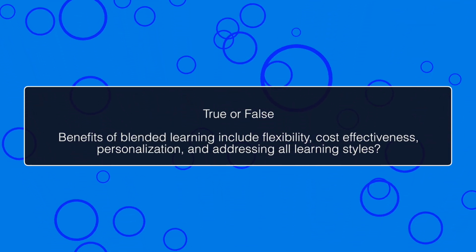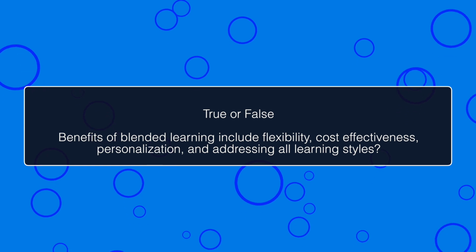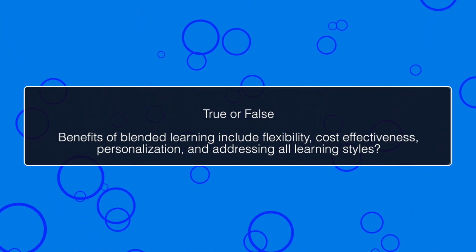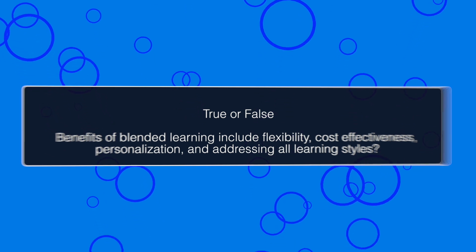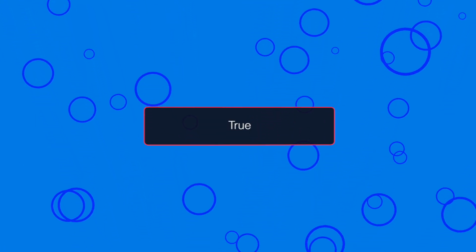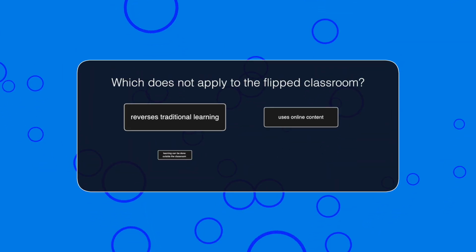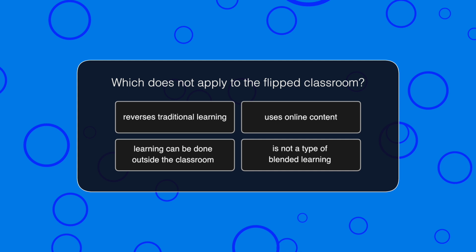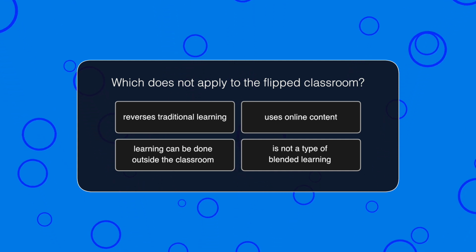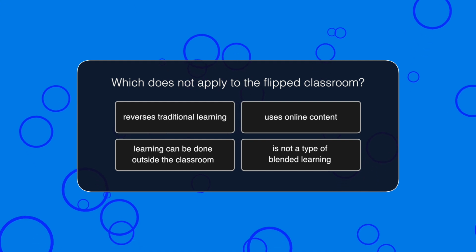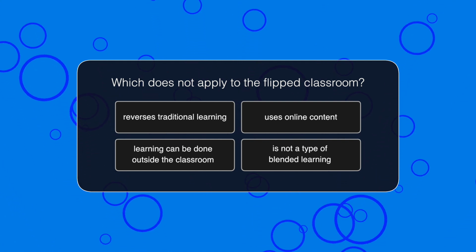Benefits of blended learning include flexibility, cost effectiveness, personalization, and addressing all learning styles. Which does not apply to the flipped classroom? Reverses traditional learning, uses online content, learning can be done outside the classroom, is not a type of blended learning.